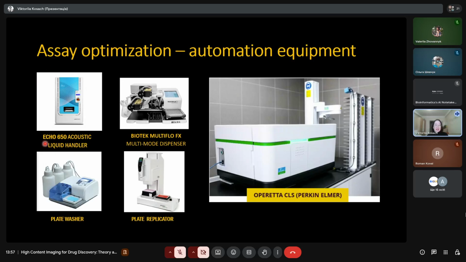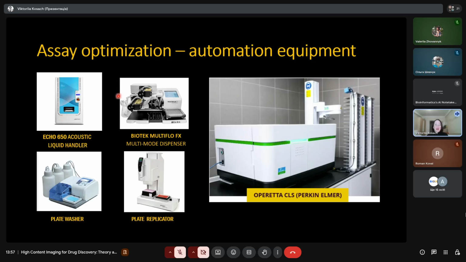The other automation possibilities are using a liquid handler, an acoustic liquid handler called Labcyte Echo for compound distribution. So you distribute your compounds in nanoliters to the plates without diluting them manually.